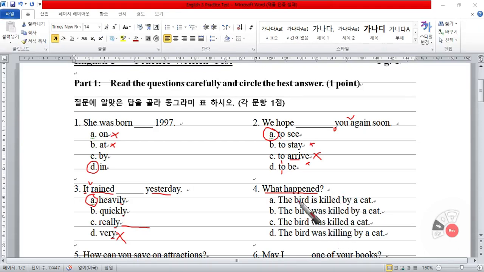You can see that we have the bird. We have a cat. Most of the answers have the word by, except I guess this one. And then we have the be verb and the word, or form of the word, kill. Or in this case, killed. If I had to guess, probably killing and probably the answer is A or B.